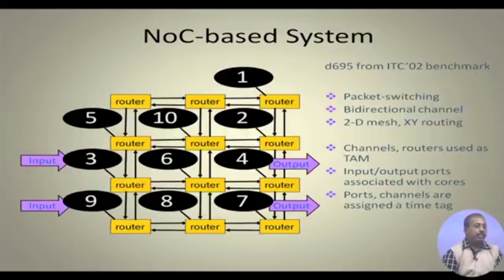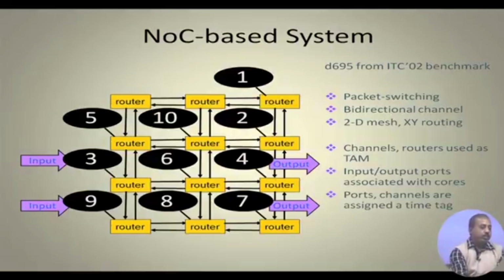Then it is a bidirectional channel, every channel is bidirectional. So, wherever we have got a connection from left to right, there is a connection from right to left. It is a 2-dimensional mesh, and the routing algorithm followed is XY routing. XY routing means first the communication will go in the X direction, then it will go in the Y direction.